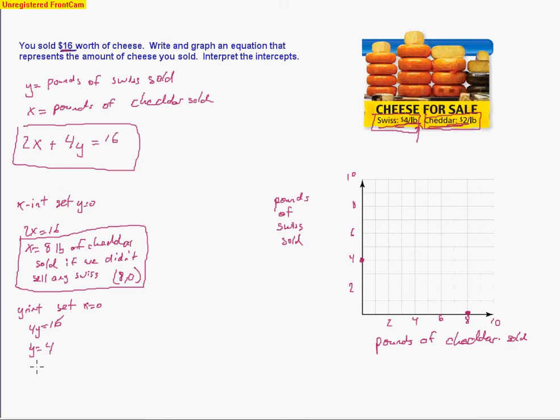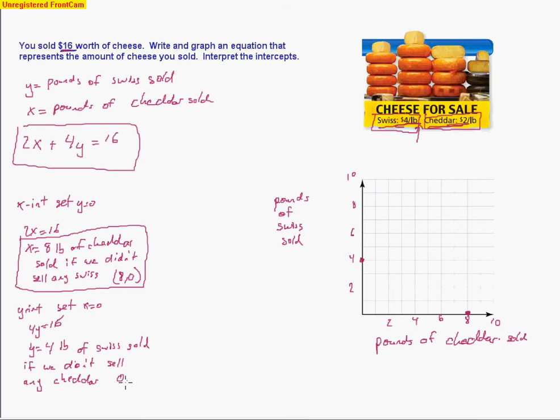And what does that represent? Well, that is 4 pounds of Swiss sold if we don't sell any cheddar. And again, it's that way because if you look at the ordered pair, it's 0 for x, and x is the pounds of cheddar.